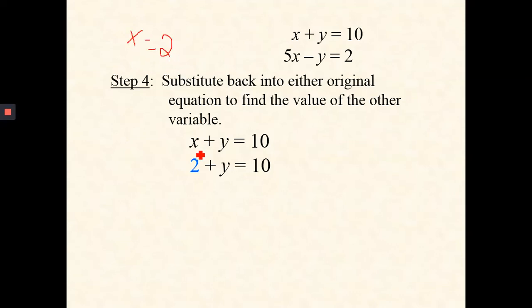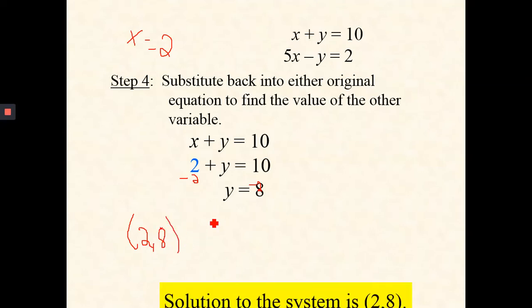Okay? So you now have 2 plus y equals 10. Get the opposite of 2, that is negative 2, on both sides. So we have y now equals 8. Okay? So we have now 2 and 8 as the solution of the given system.